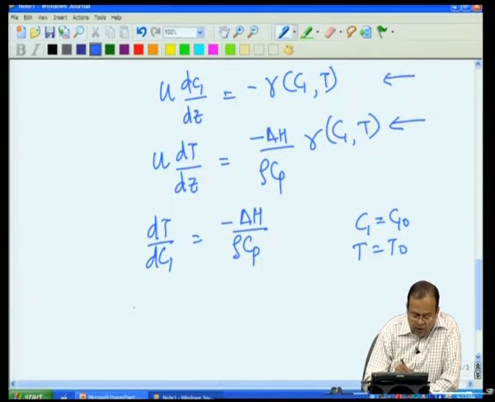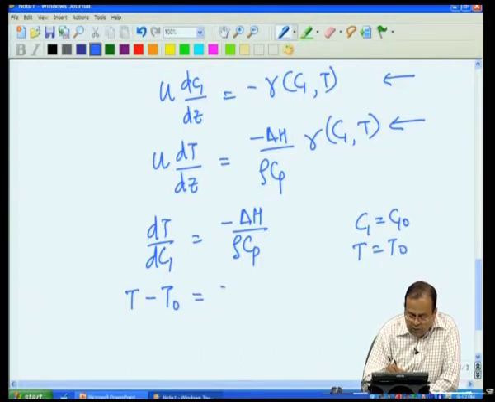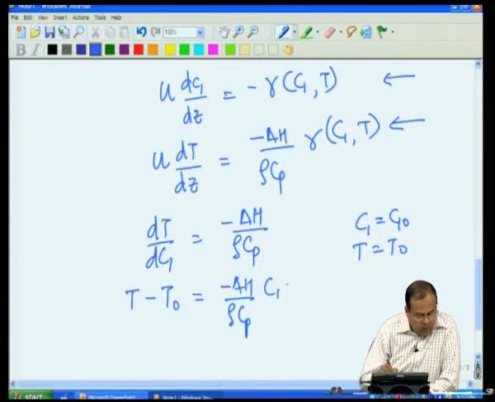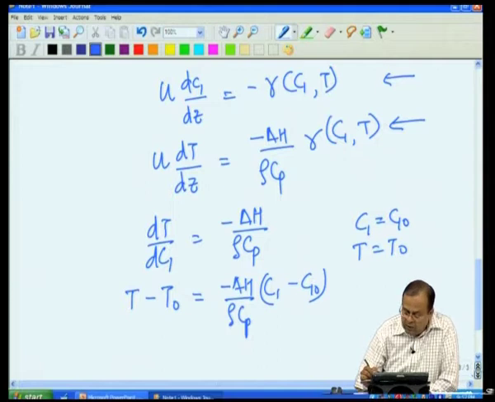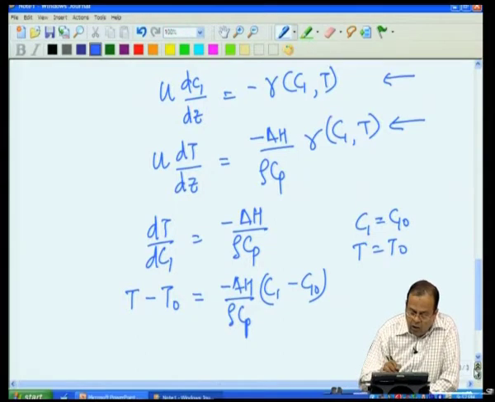So, I can integrate this and write T minus T0 as minus delta H by rho Cp into C1 minus C10, and once again I can write the same relationship, I think this should be plus.